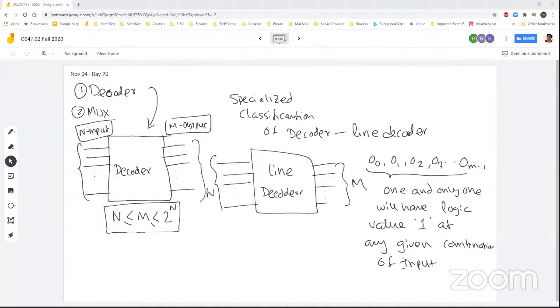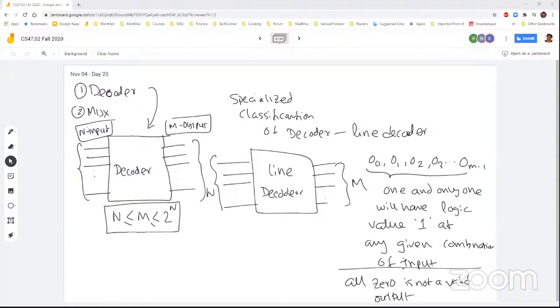That means all 0 is also not a valid output. So at least one of the outputs has to be 1, and only one output can be 1 for any given combination of the input side. That's the line decoder.